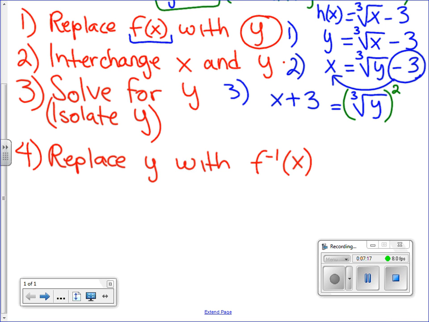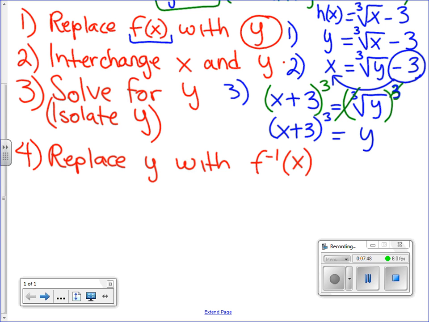Now whatever we do to one side, oh, I'm sorry, not square but cube. That should be cube. So that will cancel with that, and whatever we do to one side, we need to do it to the other side. So now the cube root, once we raise that expression to the third power, will cancel, and we just have y by itself. Remember, that was the purpose, to isolate y. And that means we are done.